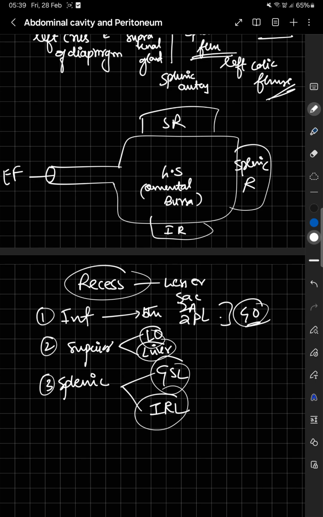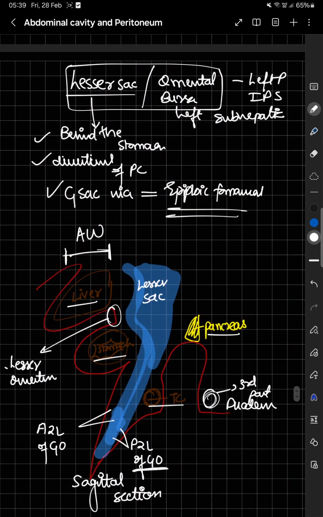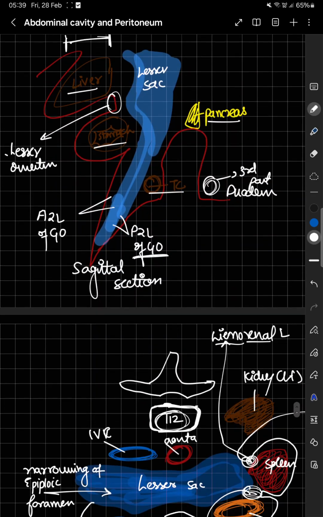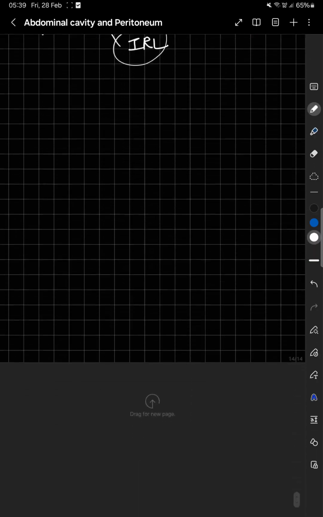So this is all about our lesser sac, where we have discussed our recesses, boundaries, introduction, and our diagram, whichever is required for the topic of lesser sac. After this, we have discussed the diagrams, the boundaries, okay, and the recesses.